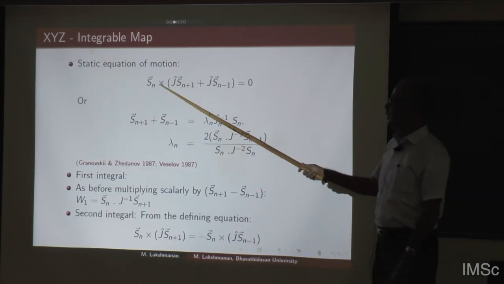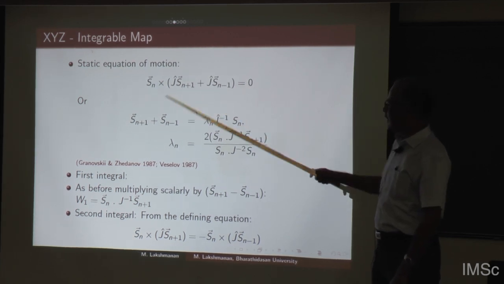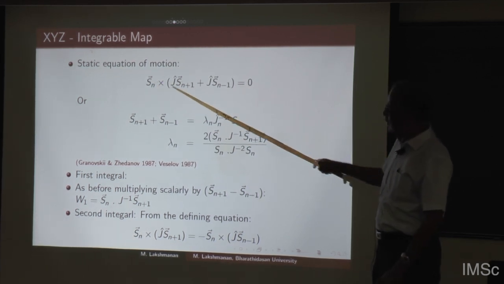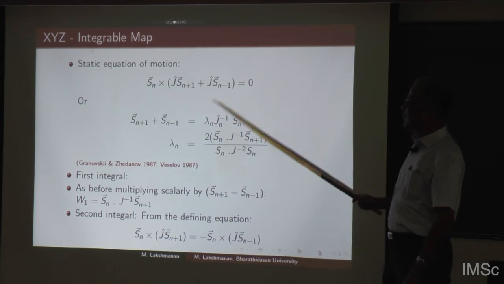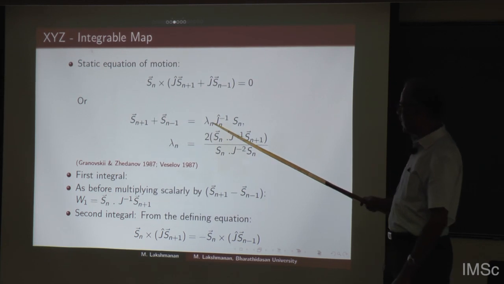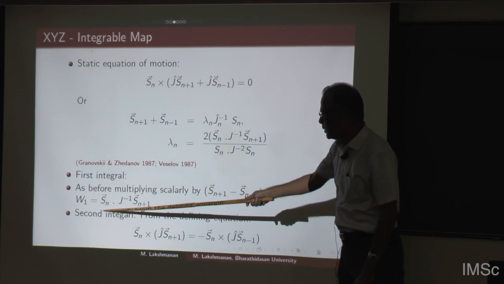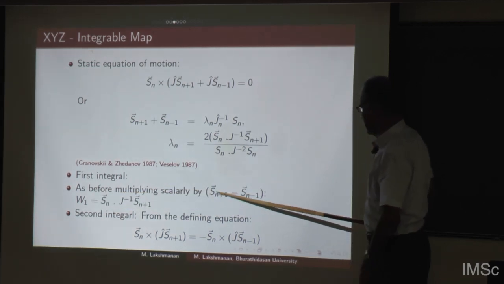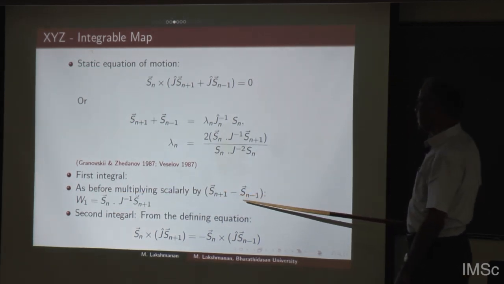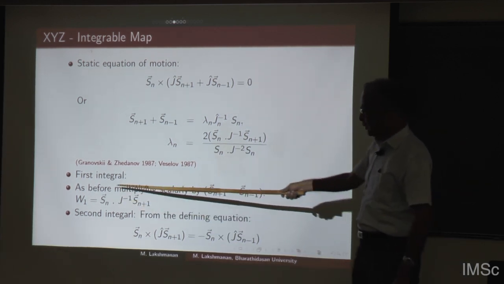One is, since you have this static equation, S_n cross something is equal to 0. So you can define a Lagrange multiplier, S_{n+1} plus S_{n-1} equal to this form, and multiplying both sides by a term like S_{n+1} minus S_{n-1}, you can show that this is an integral. That's trivial to see.